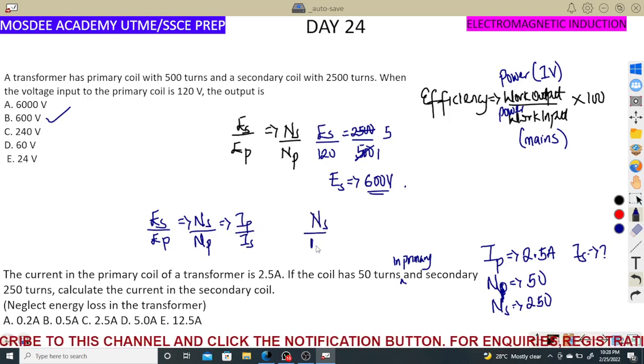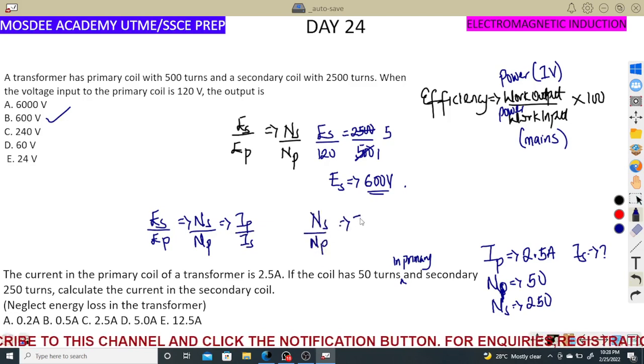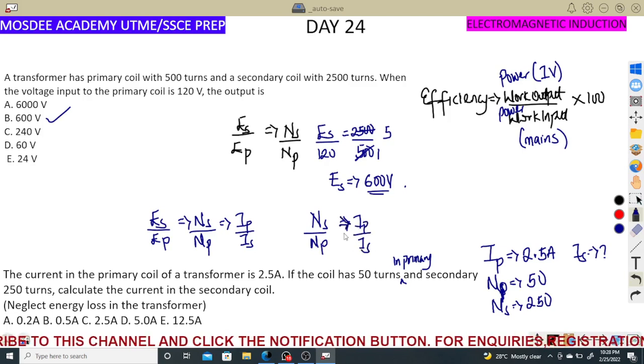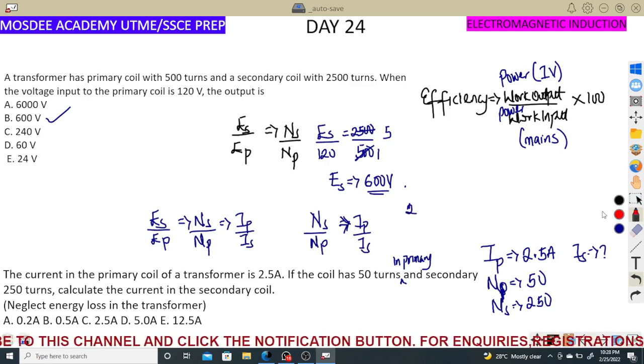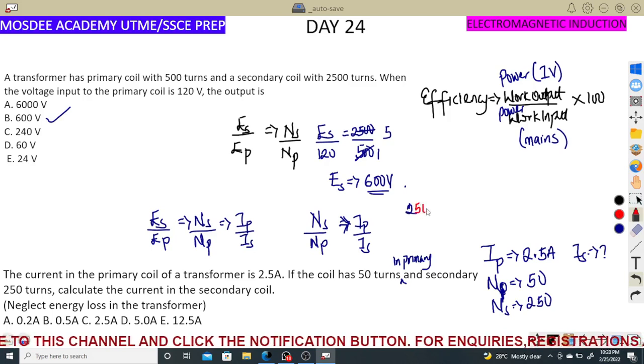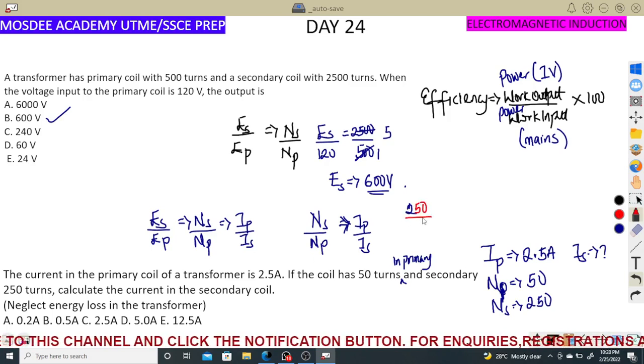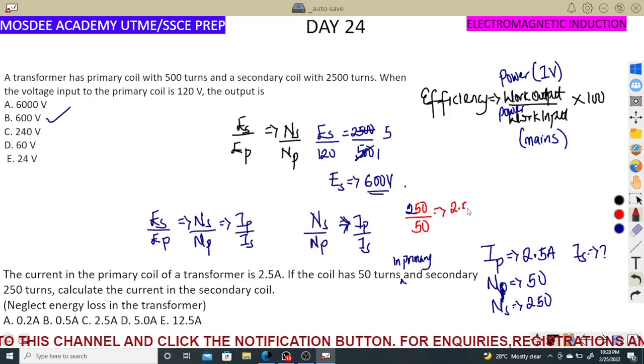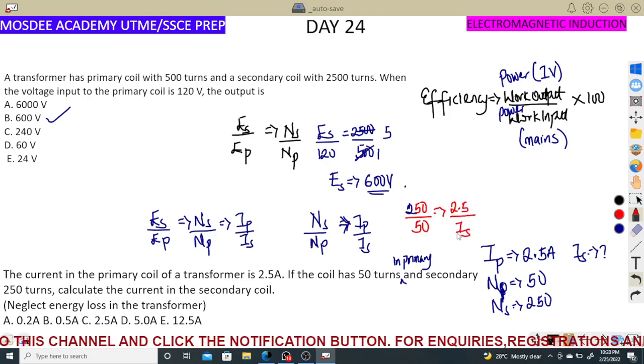NS over NP is equal to IP over IS. On simplification, my dear students, NS is 250, divided by NP which is 50, IP is 2.5, and IS is what I'm looking for.